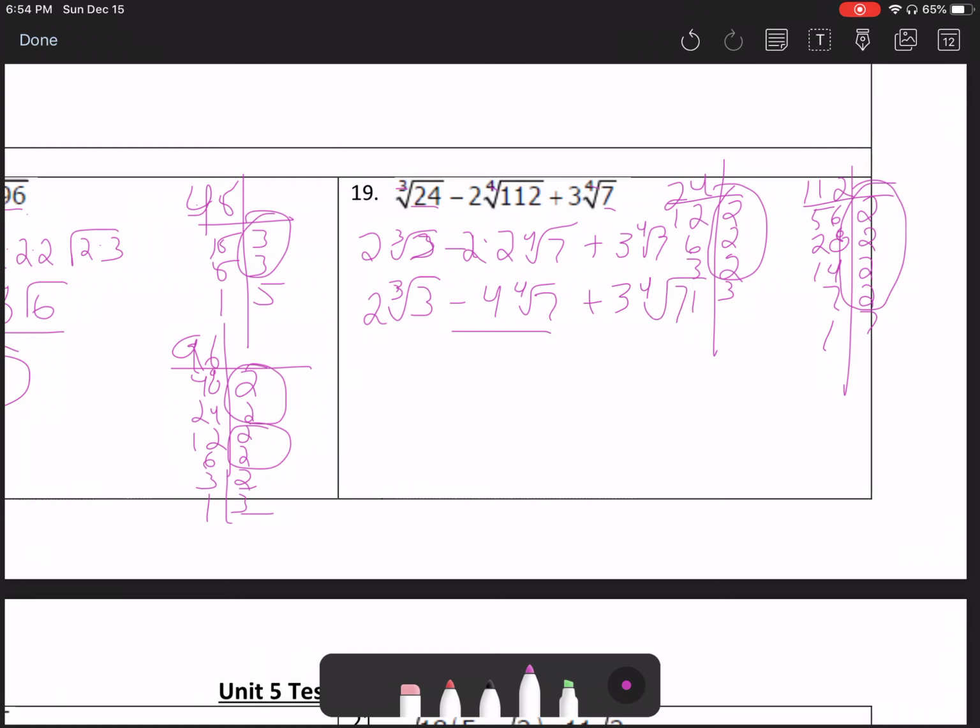I notice that I can combine the -4 and the +3. So this is 2 cubed root of 3 minus 1 4th root of 7. And you don't have to have the 1 there. You can just have minus 4th root 7. That'll work as well. So that's addition and subtraction for you.